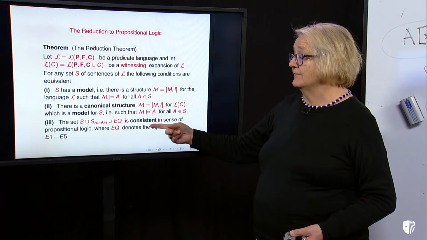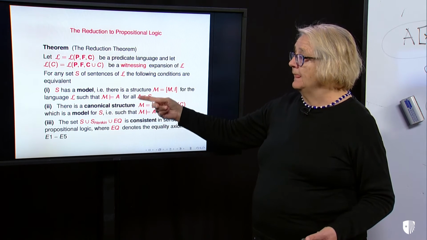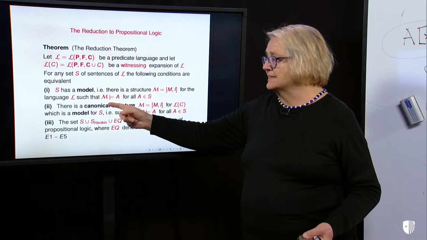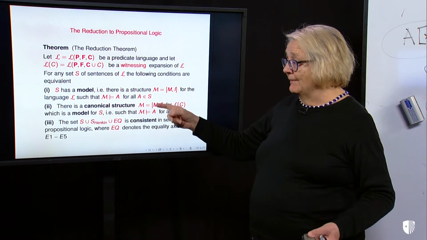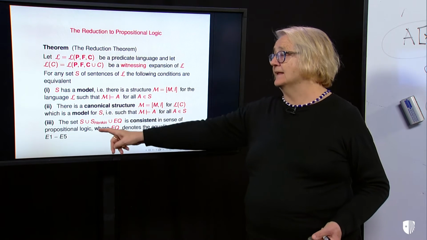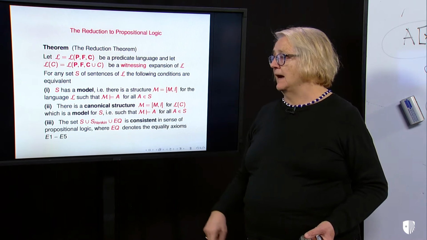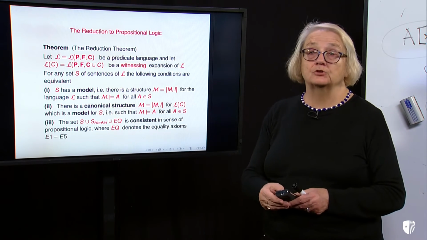It means that having a model is equivalent to having a canonical structure model, but this is equivalent to the fact that S, Henkin axioms, and EQ is consistent in the sense of propositional logic.